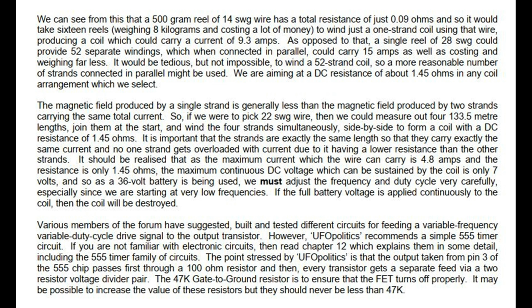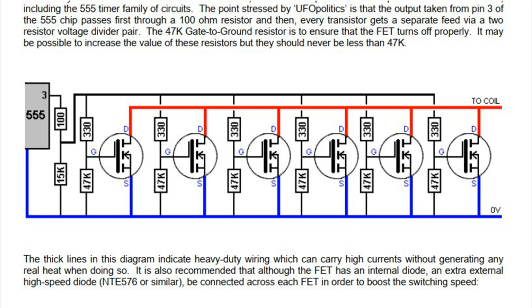The thick lines in this diagram indicate heavy-duty wiring which can carry high currents without generating any real heat when doing so. It is also recommended that although the FET has an internal diode, an extra external high-speed diode, NTE576 or similar, be connected across each FET in order to boost the switching speed.